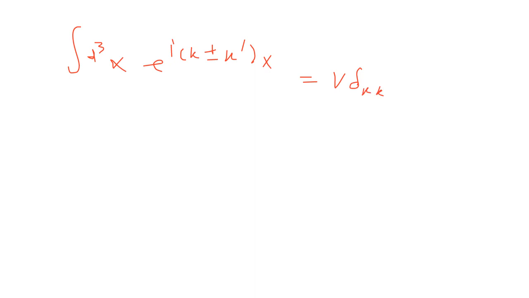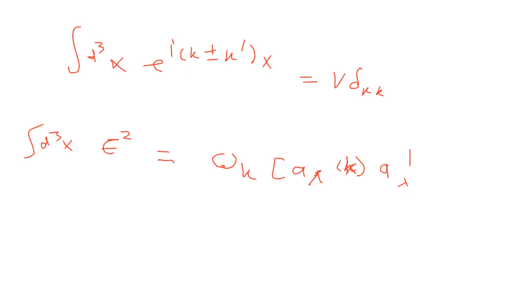So in the end, you end up with the integral d3x E squared. It's only one contribution to the Hamiltonian density of the electromagnetic field. This gives you omega k a lambda of k, a lambda dagger of k. Now you have to multiply the polarization vectors, epsilon lambda dot epsilon lambda prime, which gives you delta lambda lambda prime.